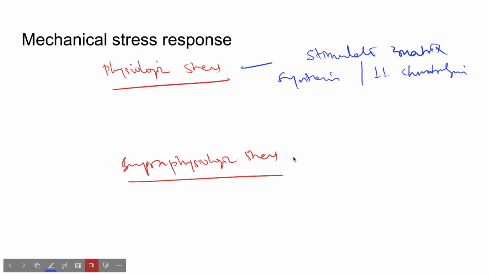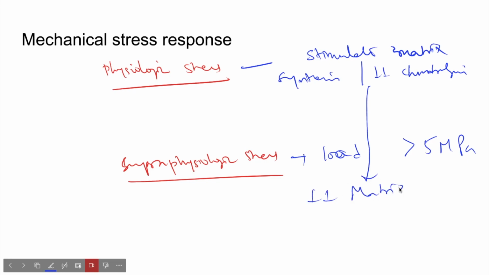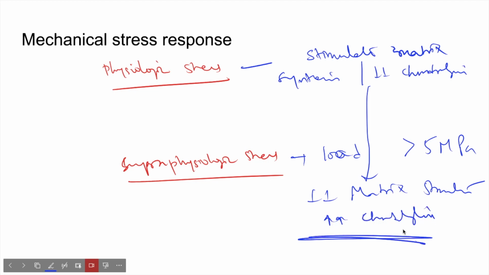If you have supraphysiological stress, that is, you load the joint severely, with pressure of more than 5 megapascal, then it does the opposite: it decreases matrix synthesis and increases chondrolysis. This is a very important concept for the difference between physiological stress and supraphysiological stress.